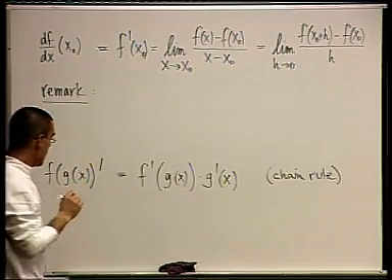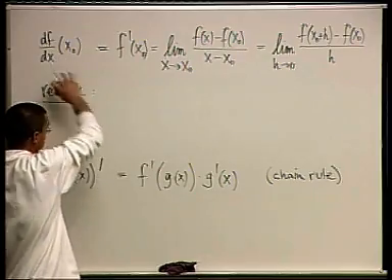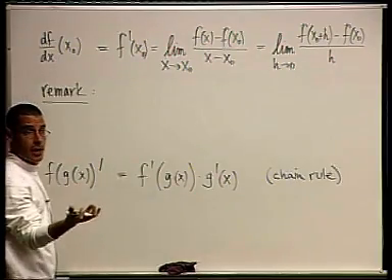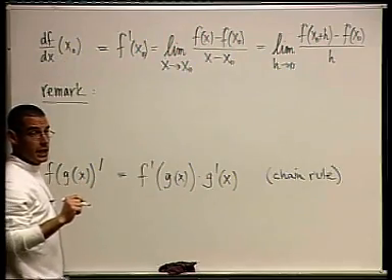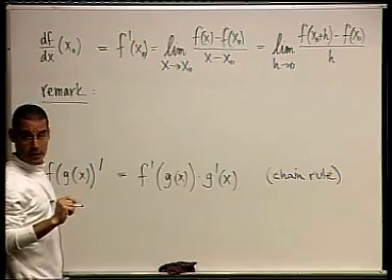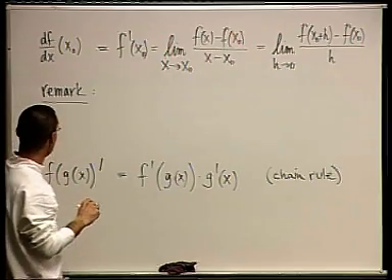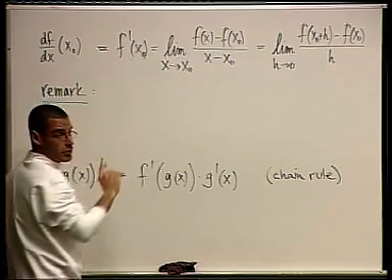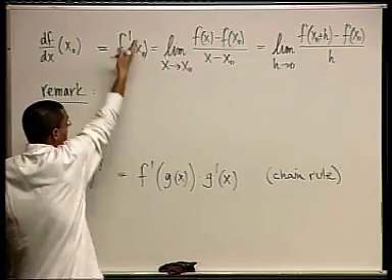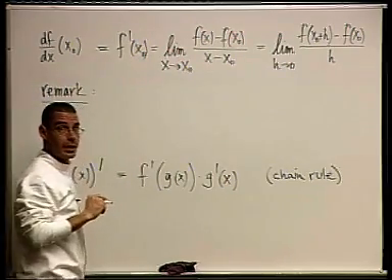Now, this notation is just as useful and just as common. In fact, you'll see that it's used very often in the multivariable context, in Calculus 2. In this class, I'm mostly going to use this notation just because it's shorter to write. It's just a little prime.